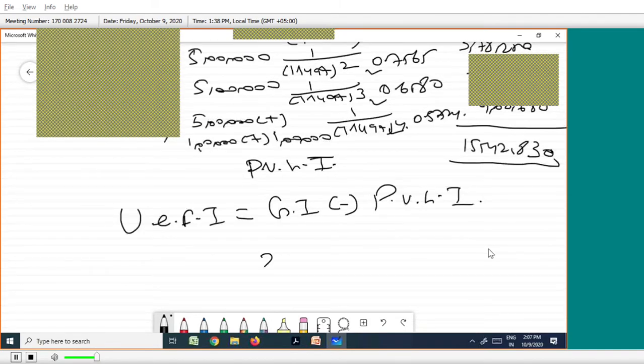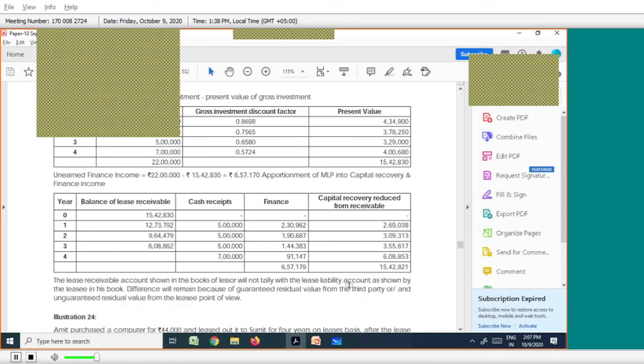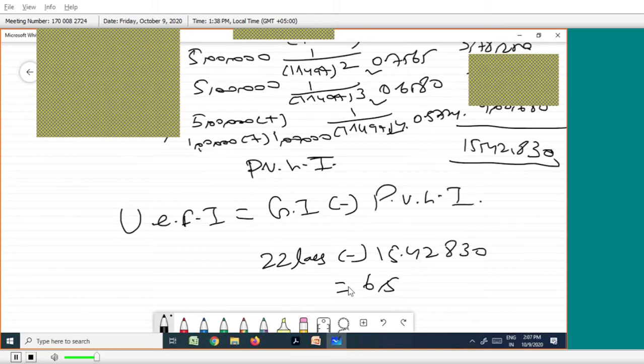My gross investment is 22 lakhs minus present value of gross investment 15,42,830 equal to unearned finance income, which is nothing but the interest portion. 6,57,170. Okay.